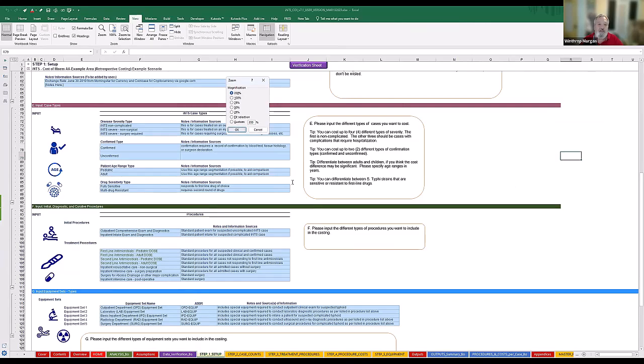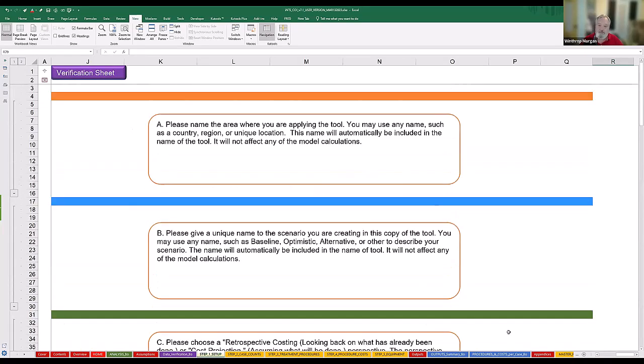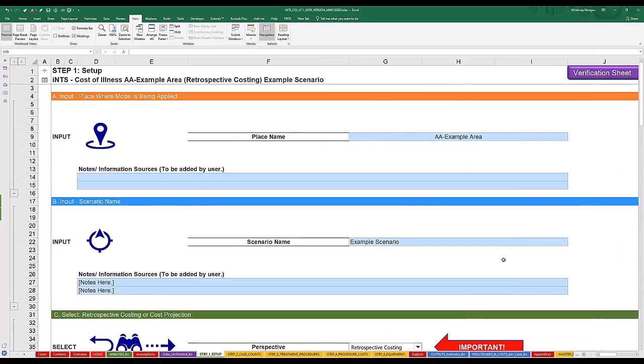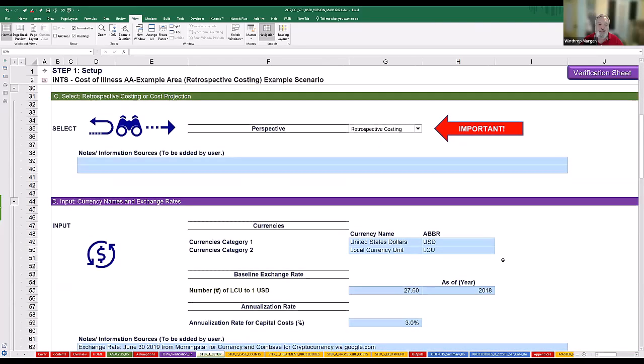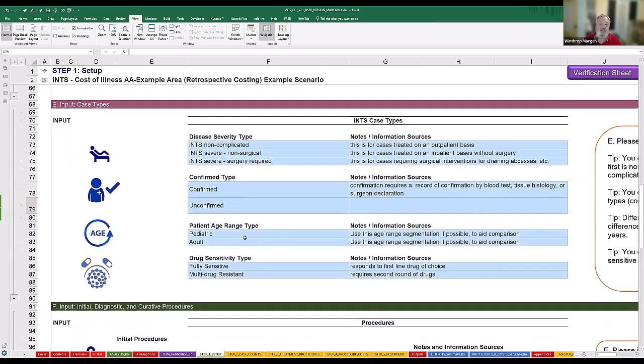And so I think the best thing for us to do in this case would be to have, and hopefully you can see my screen now where I'm on the Excel sheet, yes? Okay, so I'm down here now going to the case types.